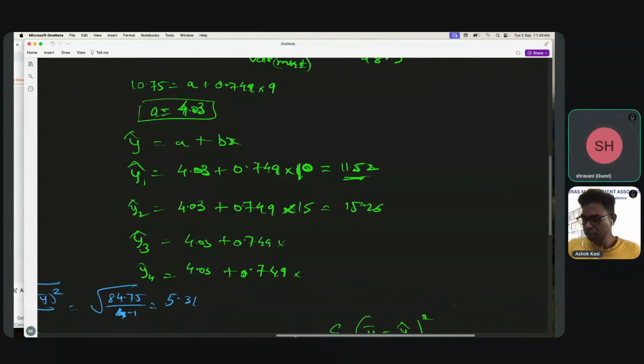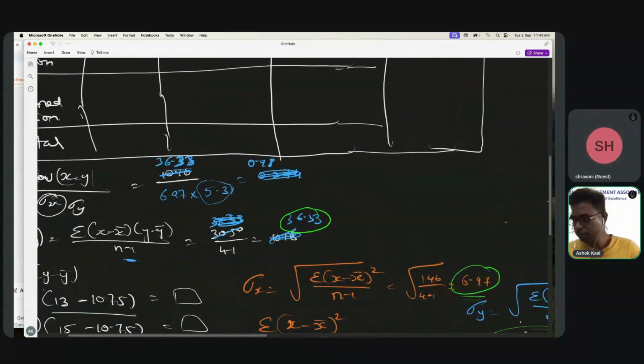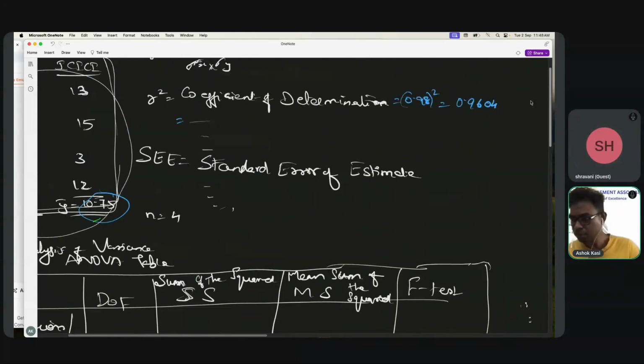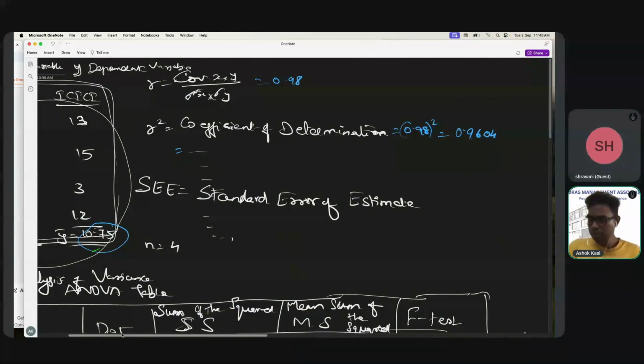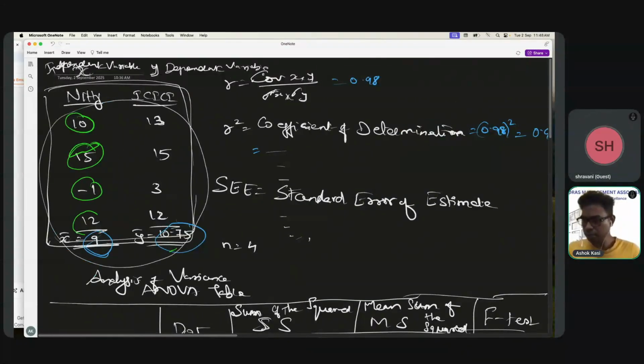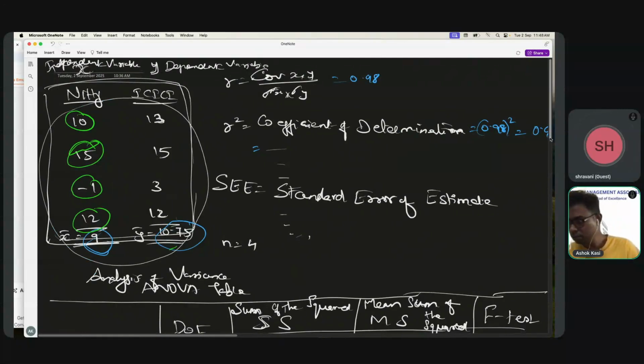And the actual value was 15. Okay. So now here, minus 1 and 12. So minus 1 and 12.